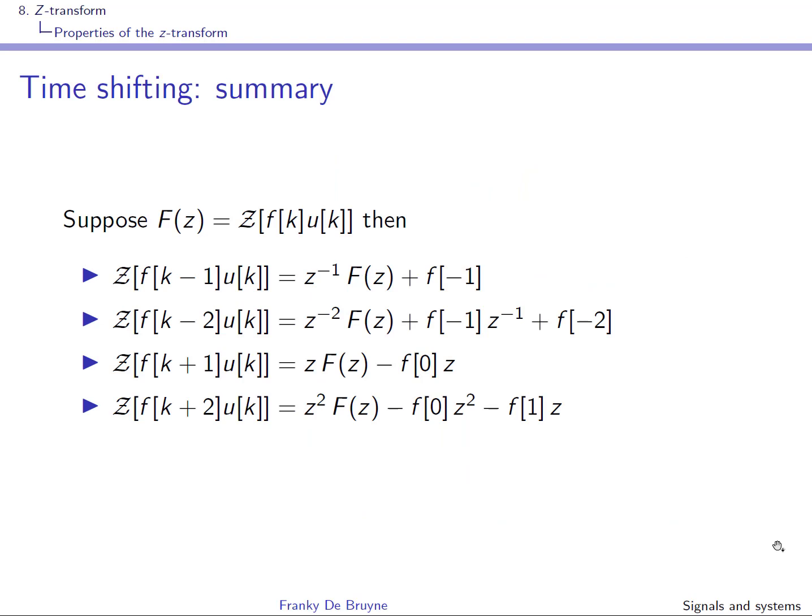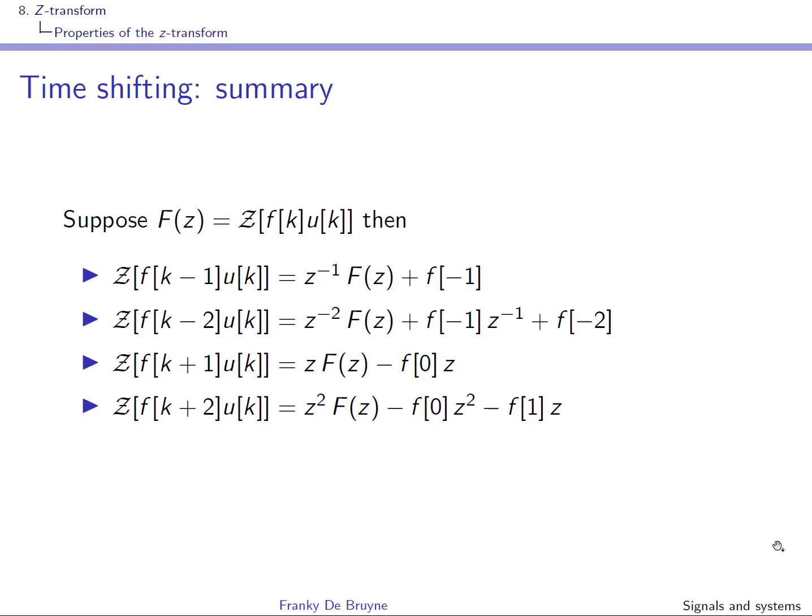In summary, these are the time shifting properties of the z transform that you will use. You have two properties for shifting to the right by 1 and by 2, and two properties for shifting to the left by 1 and by 2. We've seen that you can obtain these formulas using more mathematical arguments, and you can also obtain these formulas in a more intuitive way.